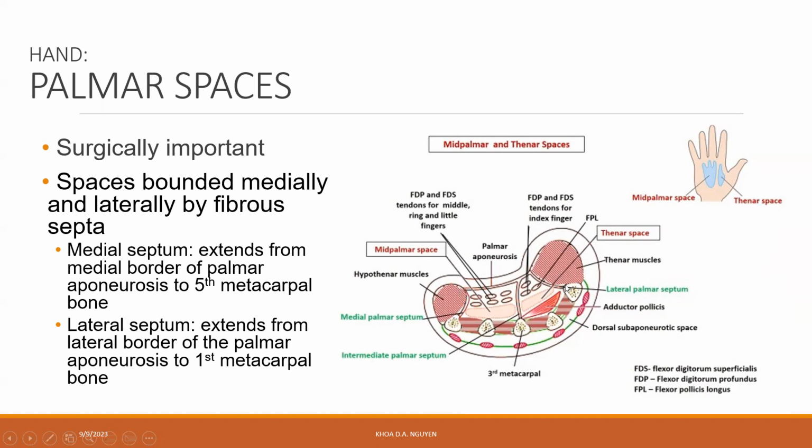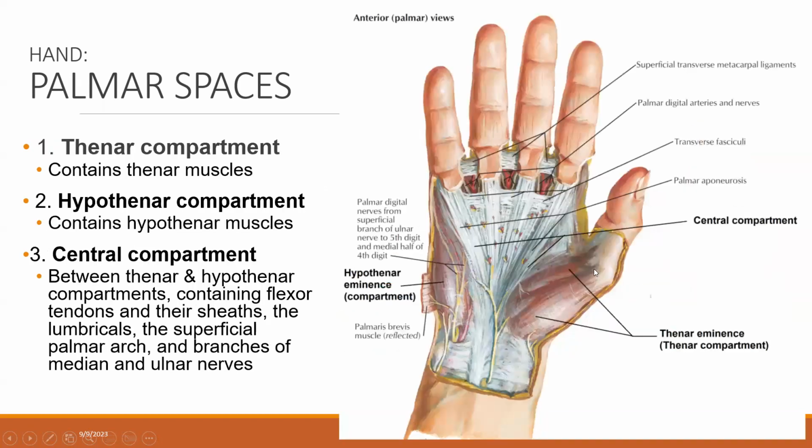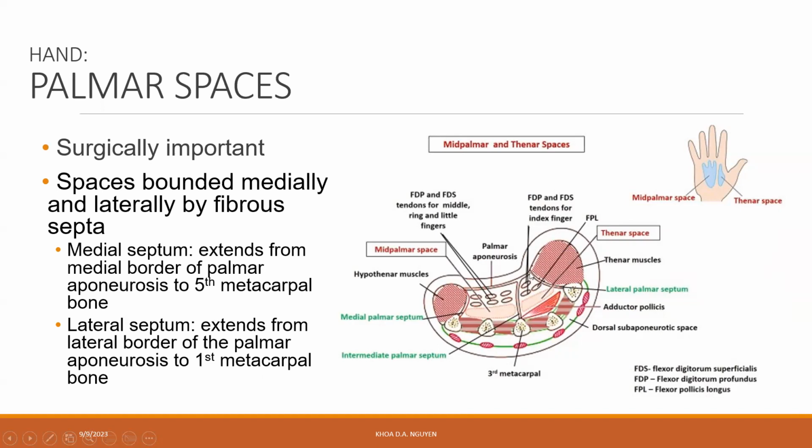And there is the lateral palmar septum right here that extends from the lateral border of the palmar aponeurosis all the way to the first metacarpal bone, okay? My mistake. All right. And with these two septa, here and here, it divides the hand into the thenar compartment right here, the hypothenar compartment right here, the middle compartment right here.